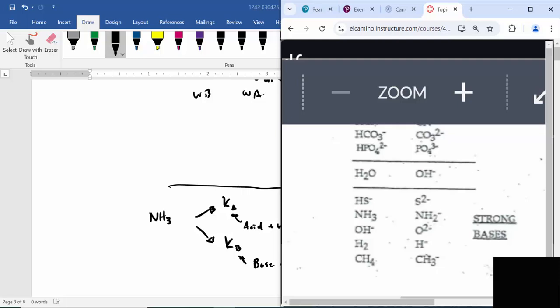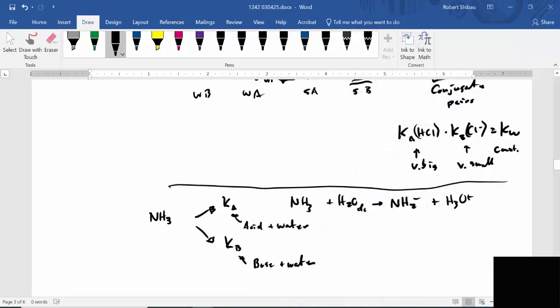Therefore, if NH3 has a very small Ka, then the Kb for NH2 minus must be very large. Means very large Kb.